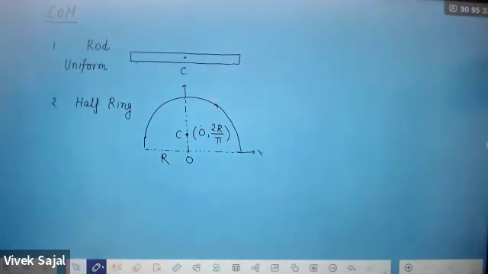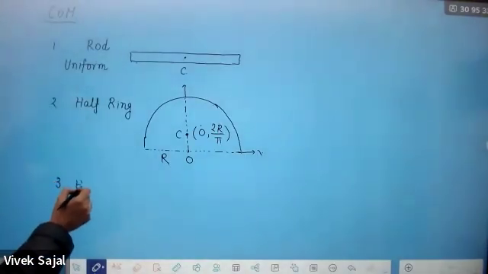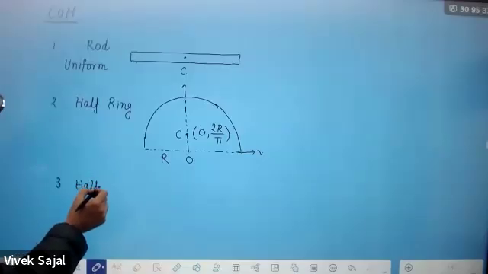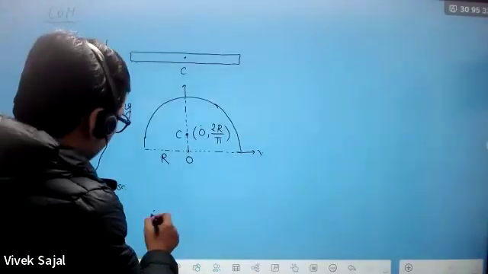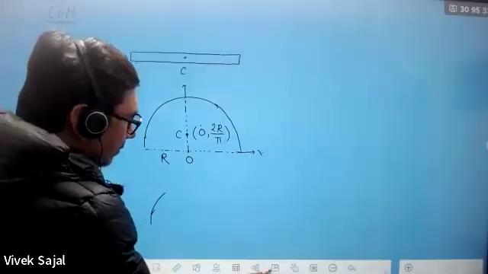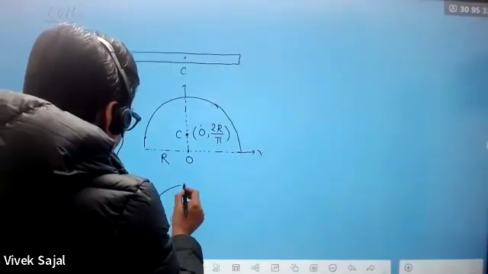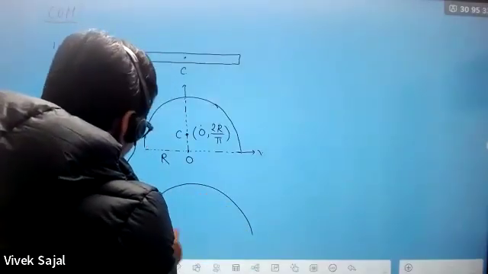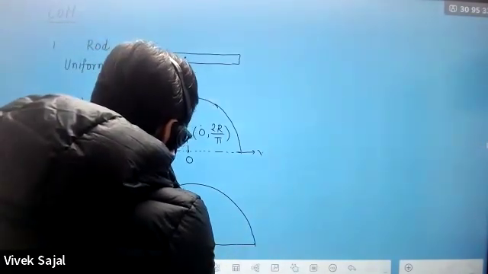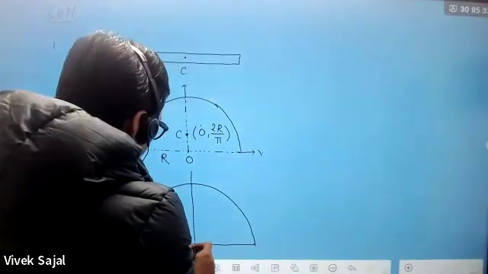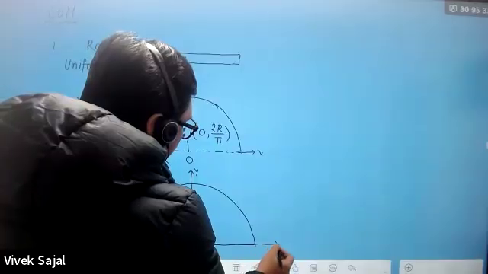Then this will be a half disk. So if you are having a half disk like this, and here we assume that this is the origin, this will be the y-axis and this will be the x-axis.